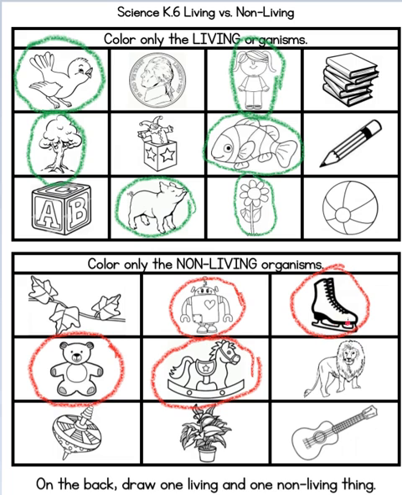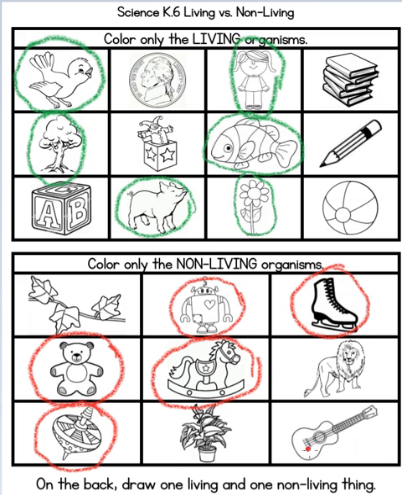All right, a lion. We know it's an animal, so we're not going to circle it because lions are living. And then we have a top. A top is a toy. It is not living, so I'm going to circle that. We have this plant here. Plants are living, so we are not going to circle the plant.